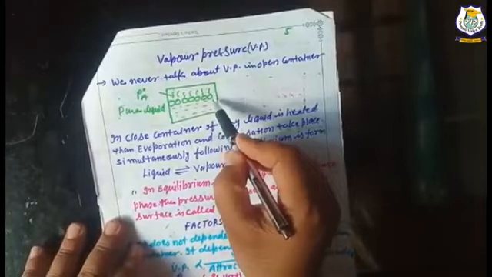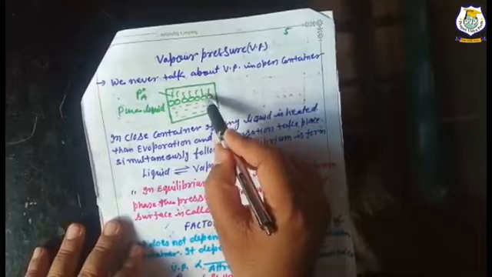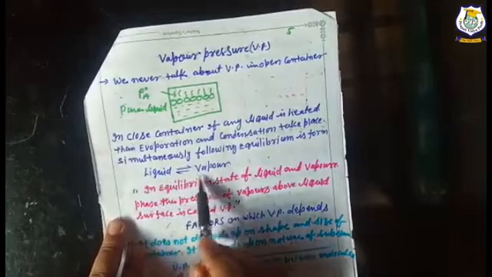By the evaporation of liquid, vapors are formed, and by the condensation of vapors, liquid is formed. Due to that reason, an equilibrium between the liquid and vapor is formed.